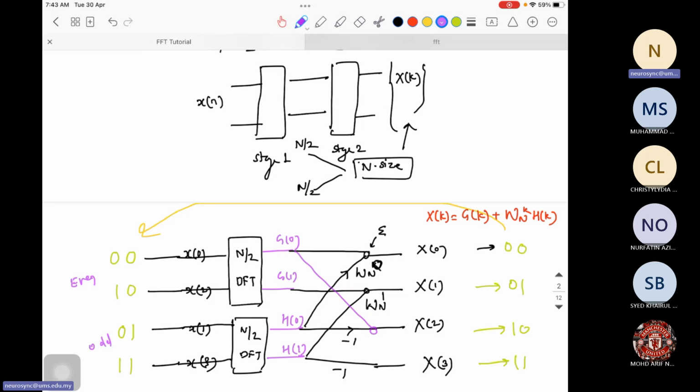Because this is periodic with respect to n by 2, this is nothing but G of 0, minus 1 times H of 0 into W n 3. Same for this second one: W n 4 times H of 1, minus of this, plus G of 1. Like this we will calculate X of 3.